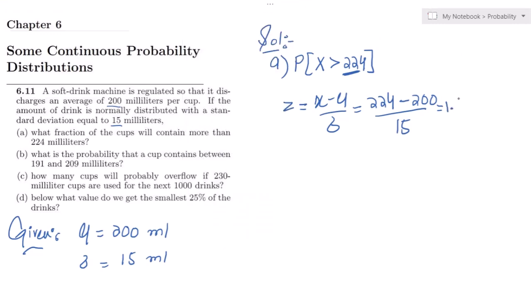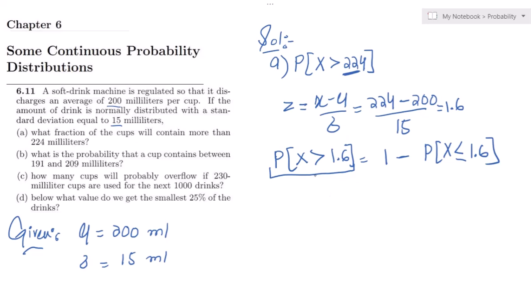We want the probability that z is greater than 1.6, but the z table is formulated for z less than or equal to 1.6. So we find the value in the z table and subtract it from 1.